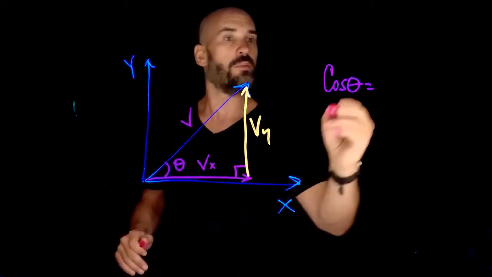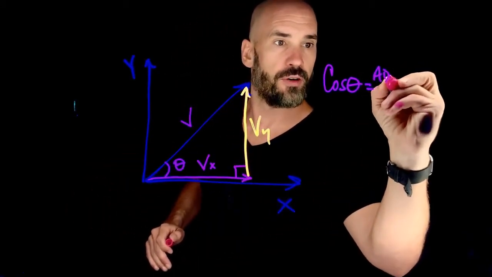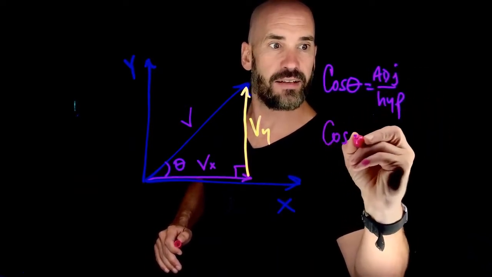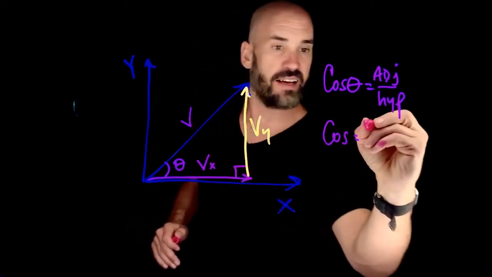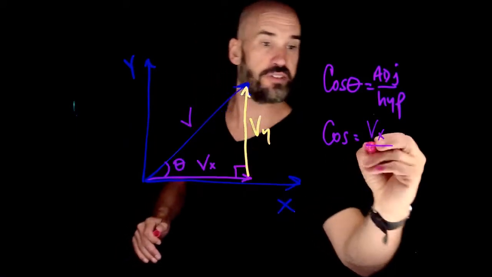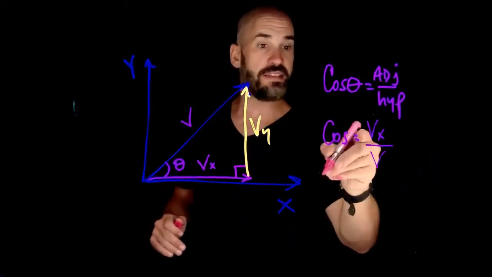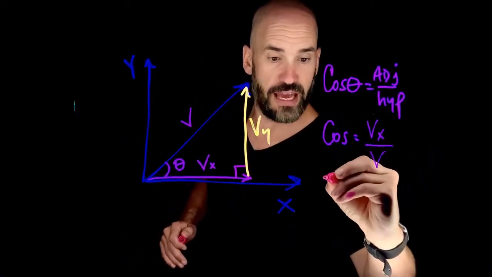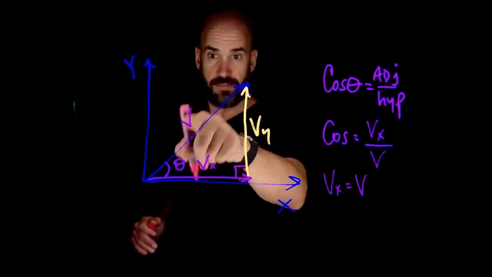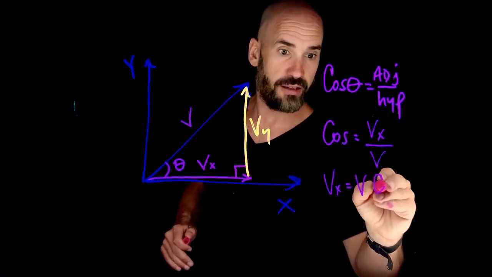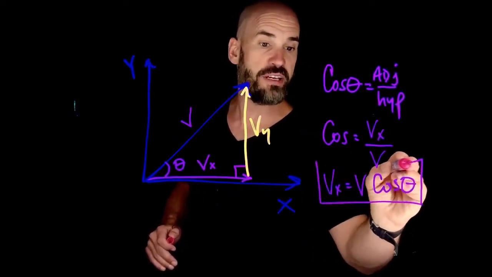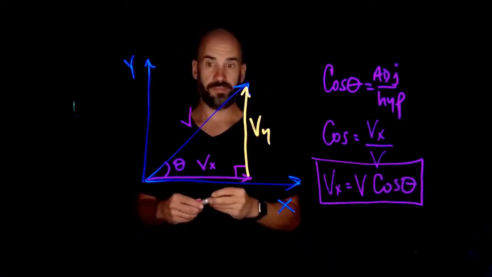But in this case, our adjacent is Vx, and our hypotenuse is just V, which means that with a little algebra, just solving for Vx, we have that Vx equals the magnitude V of the vector times cosine of the angle. This is how we get our x component always.